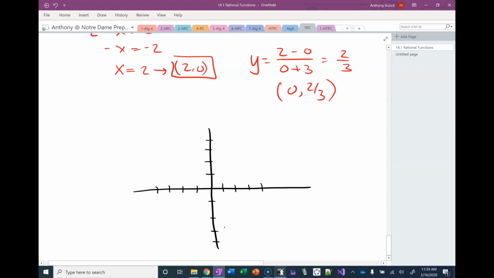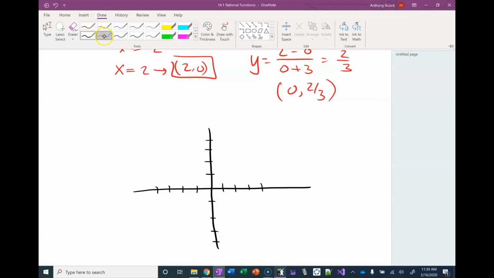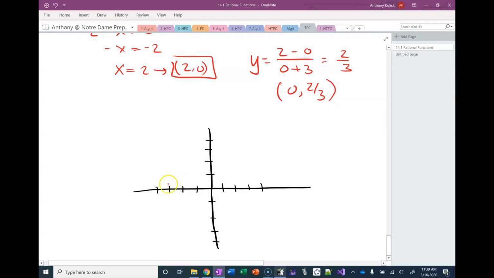So we'll start by drawing in our vertical asymptote, which happens at x equals negative 3. And our end behavior, which is a horizontal asymptote, at y equals negative 1. I have the zero (2, 0), and the y-intercept (0, 2/3).